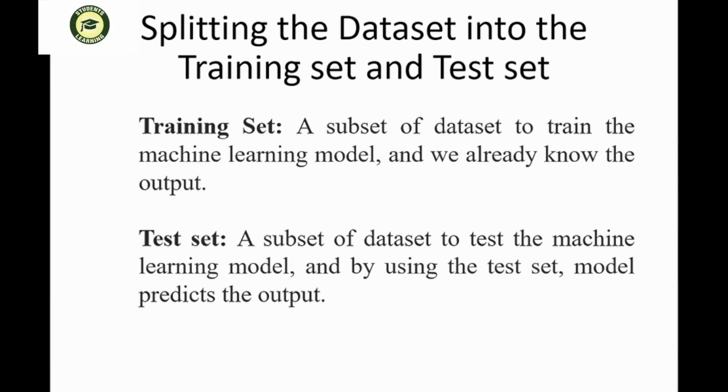But the testing set is a subset of the data set used to test the machine learning model, and using the test set the model predicts the output. That means for the training set we know the output, but for the testing set we predict the output.